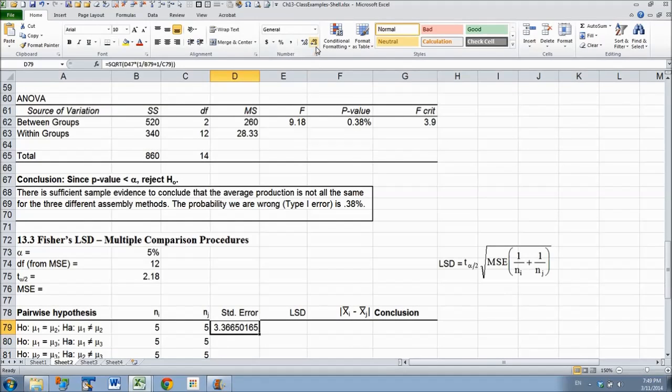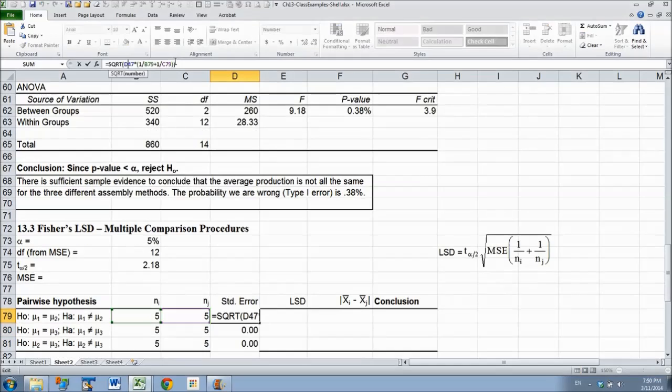So that gives us this standard error. We need to make sure that D47 is absolute referenced. And then we copy it.